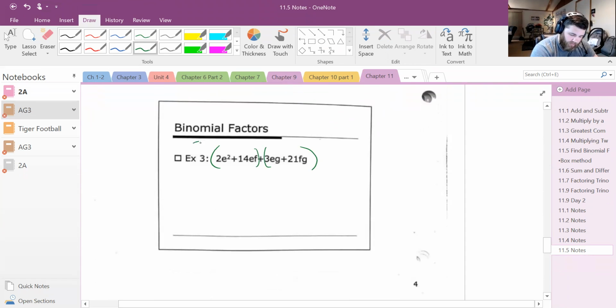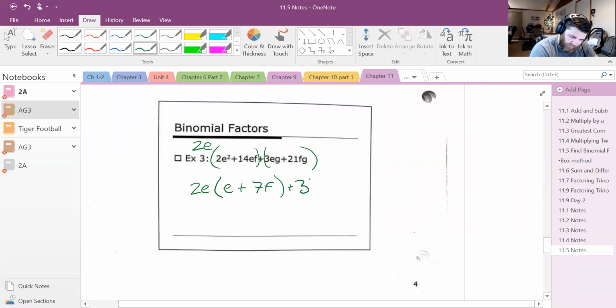So I would factor 2e out of both of these. So we would have 2e left with an e plus what? 7f. Now, can I get what I want, which is e plus 7f, from the second two terms? This one I can.